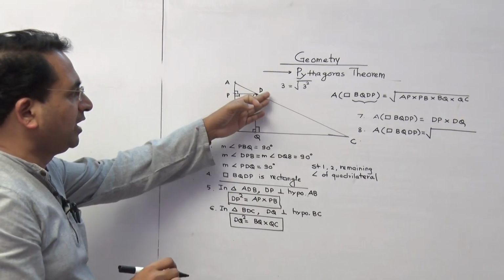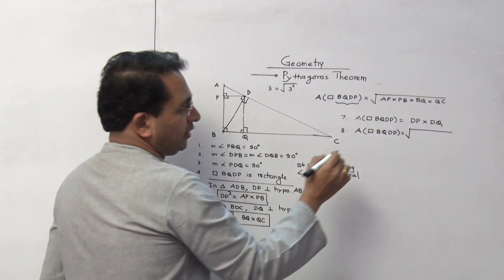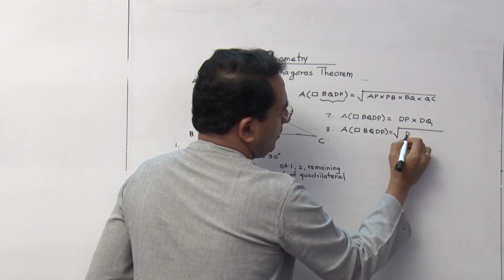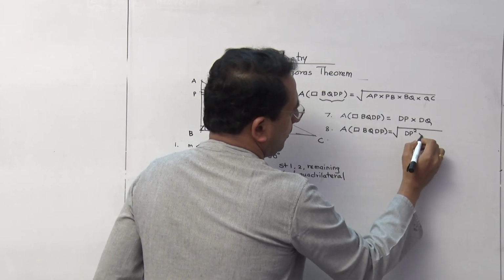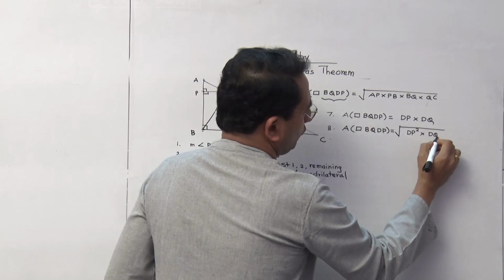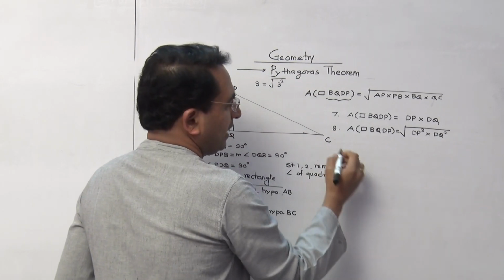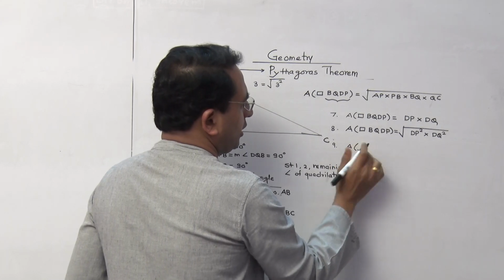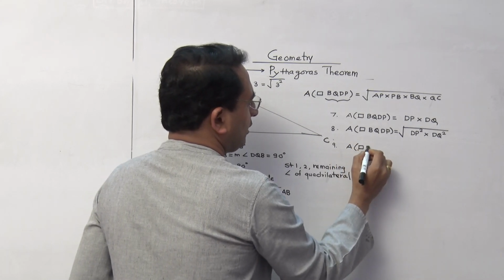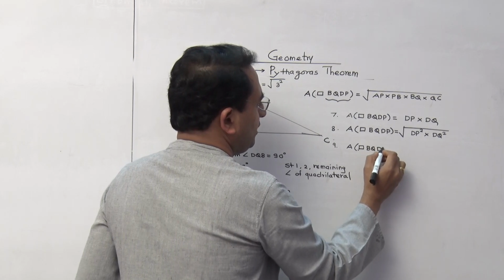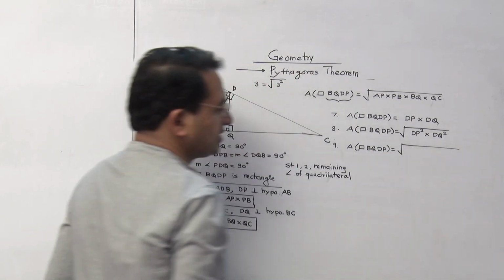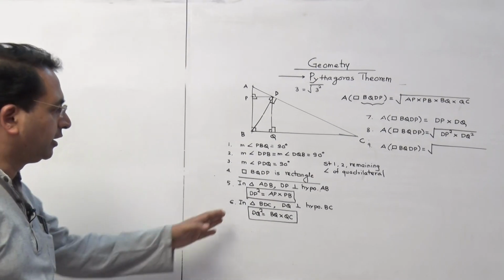And that is the part which we have to apply. If you want to put a square root sign, then I should write DP square multiplied by DQ square or not. And the last statement what we can write is area of quadrilateral BQDP is going to be square root of. These answers we have already written here.